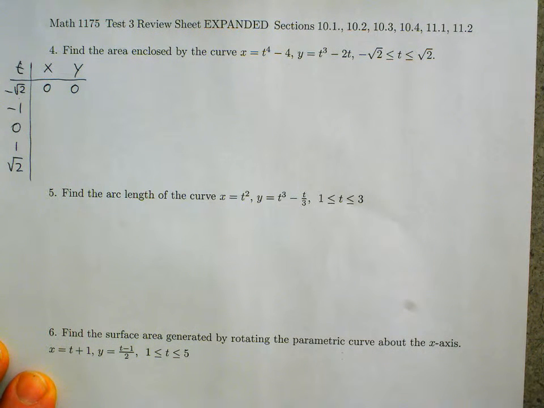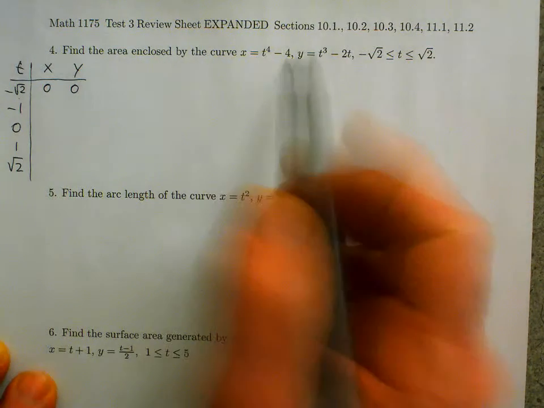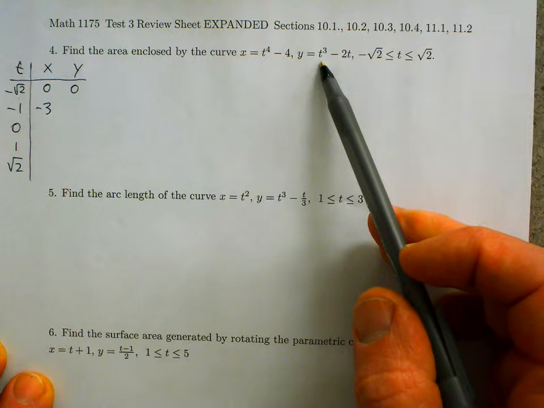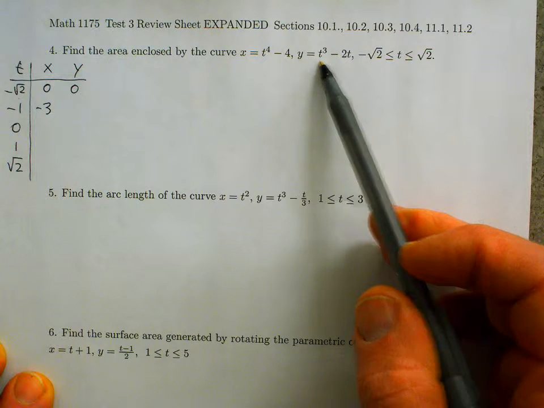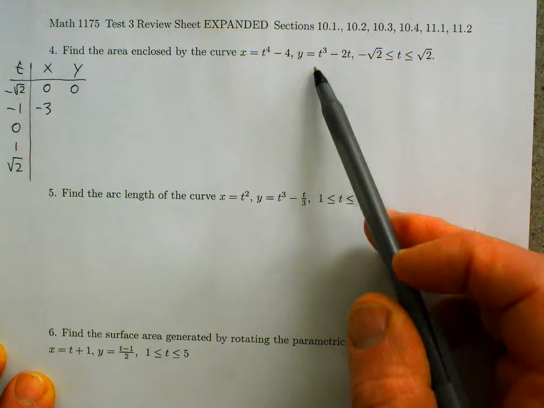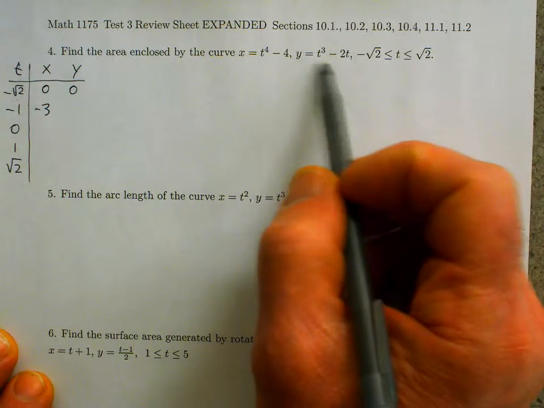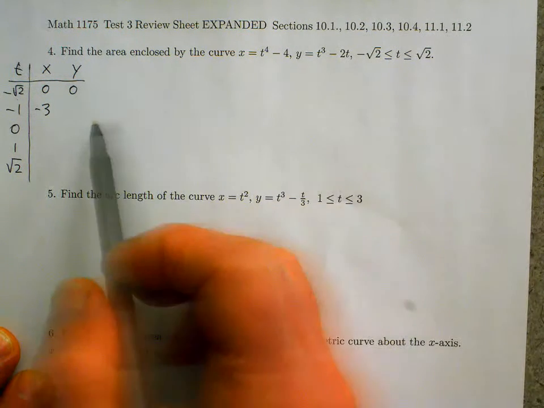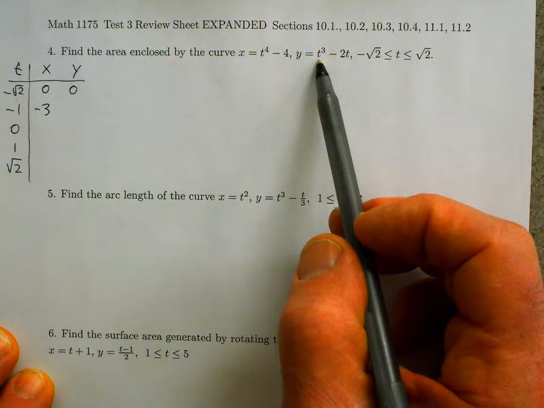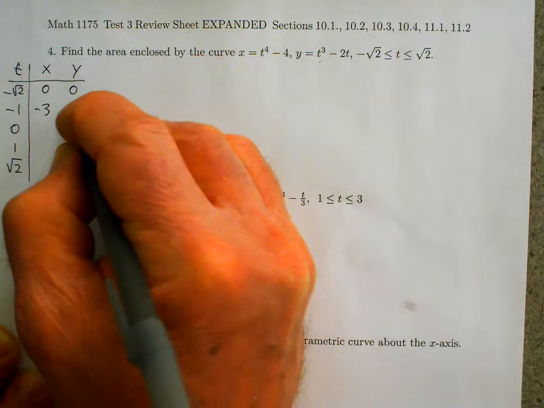Then when t is negative 1, negative 1 to the fourth is 1, and 1 minus 4 is negative 3. And then for the y-coordinate, negative 1 to the third is negative 1, and then plus negative 2 times negative 1, we get positive 1 for y.